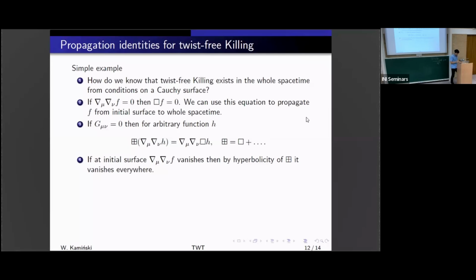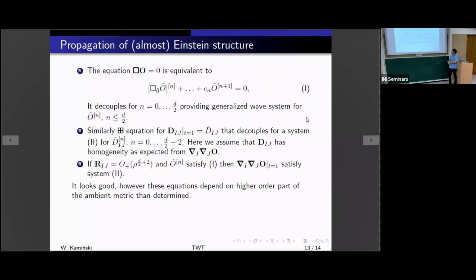Okay, so we can do the same in the ambient space. So this condition, that our function O will satisfy the wave equation, will be harmonic, is equivalent to such equations.